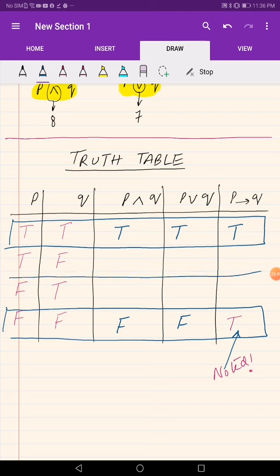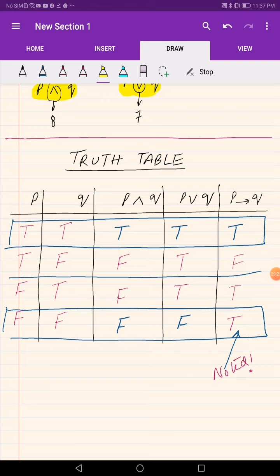Let's check. These spaces will be filled with F and F, and these spaces will be filled with T and T. Then next is, the last one, we write here T and false. Okay, let's discuss them. How did I complete this table?